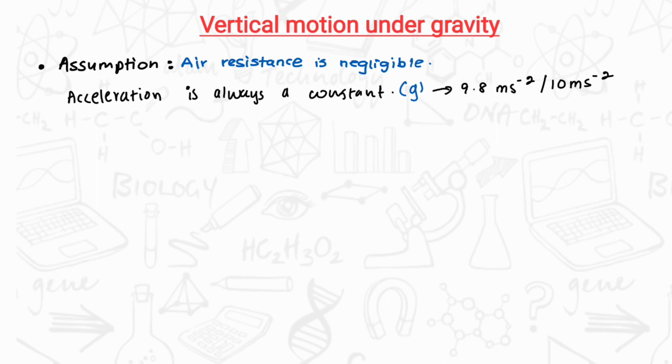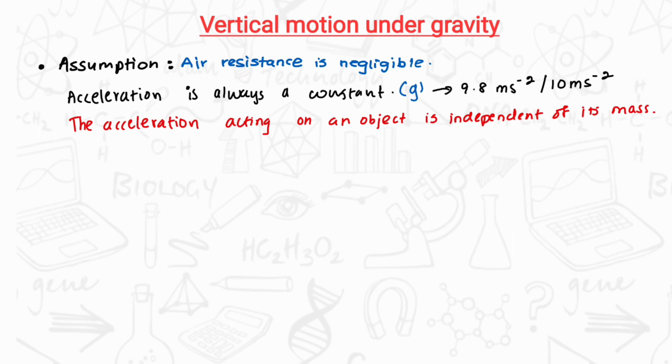Since we assume that the air resistance is negligible, the only unbalanced force acting on the object is the weight of the object. Therefore, the acceleration acting on the object is independent of its mass. For this, let's say there is an object of mass m and the weight will be mg falling under gravity.